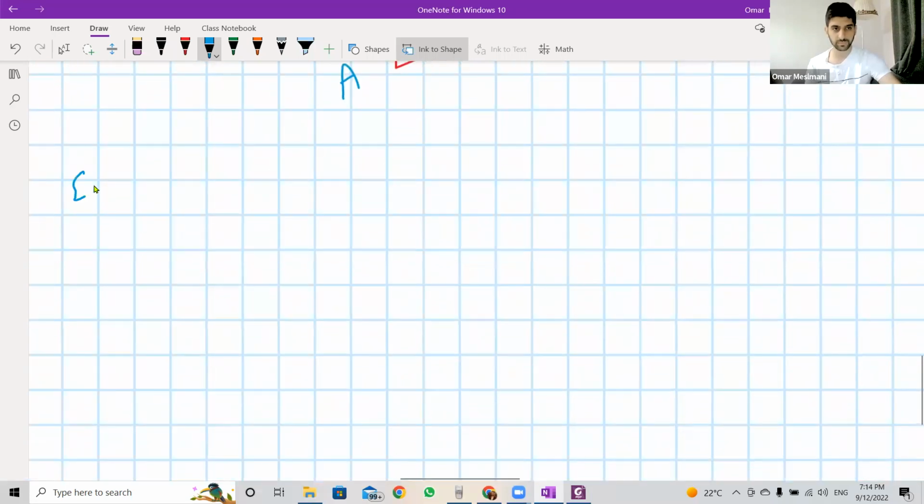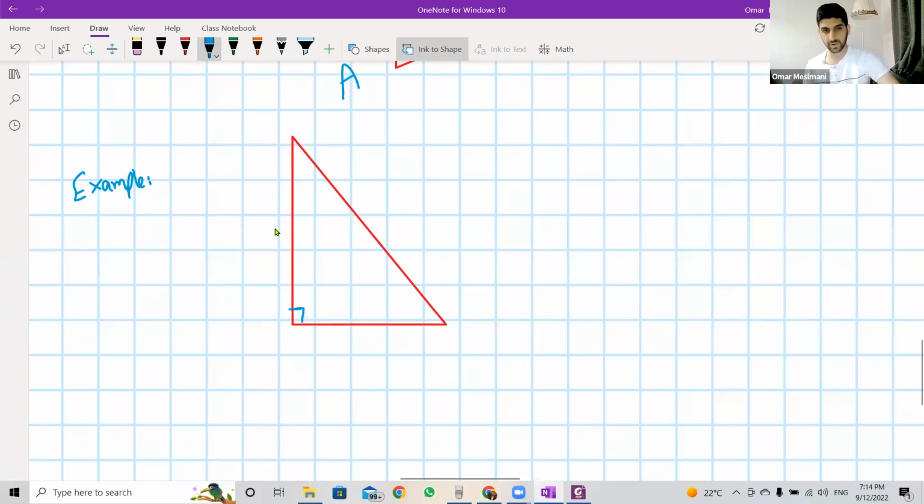Example. Let's say I have a right angle triangle. That's a 90. I'm going to call it OMG.